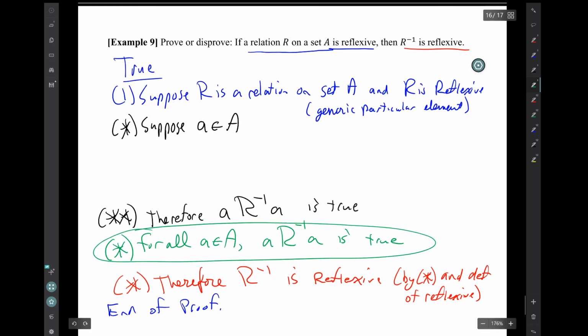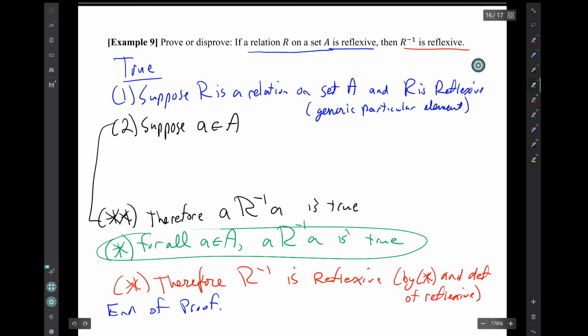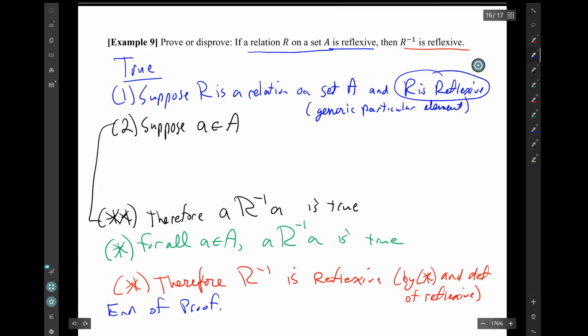So we know that somewhere at the very beginning we have to introduce this generic element of set capital A. Well, that's going to be our statement 2. And again, we have no choice because we need this pair of statements in order to be able to say this green statement. Well, now look, we know that R is reflexive.